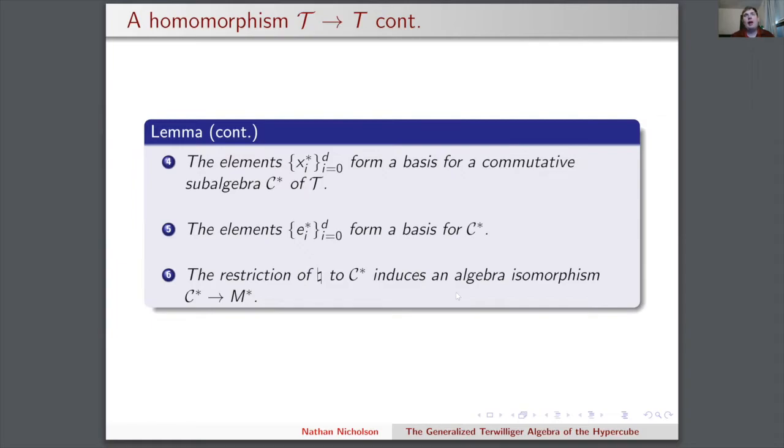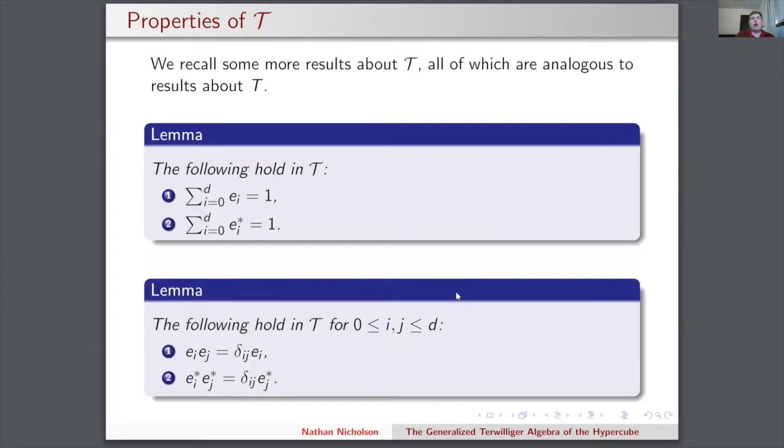In other words, we have an isomorphic copy of the Bose-Mesner algebra and the dual Bose-Mesner algebra living inside our generalized T algebra. Now we have the following results, showing you that this generalized T algebra really does behave in a similar way to our concrete T algebra.